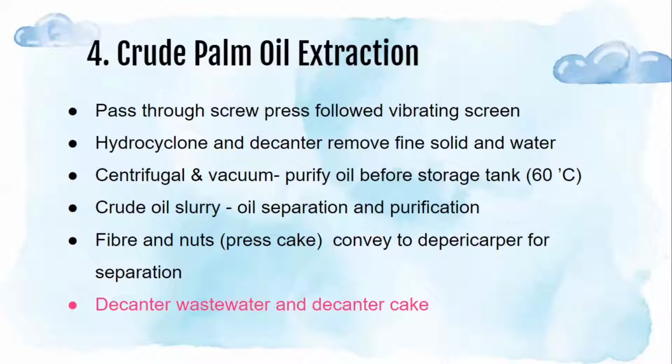For the crude oil slurry, the oil undergoes more separation and purification, and it will produce fiber and nuts, known as press cake, which will be conveyed to the depericarper for separation. So decanter wastewater and also decanter cake are waste in this process.